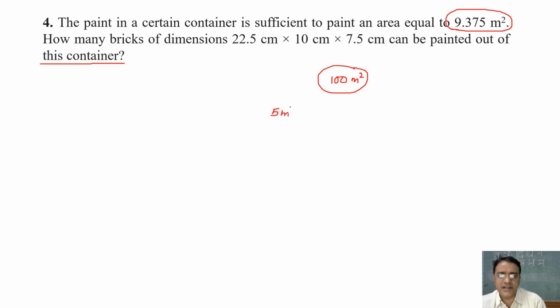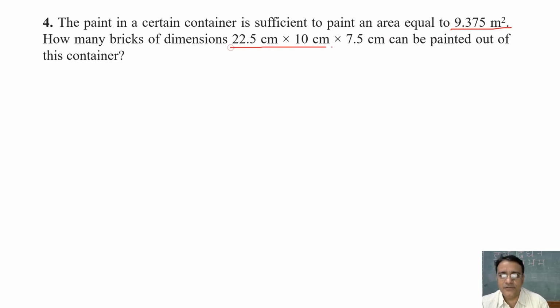How many boxes can I paint? Yes, very good. So this is the amount of paint we have, and this is the paint required for one brick. Okay, so हम लोग यहाँ पर भी यही काम करेंगे. This divided by area of one brick, but unit should be same.